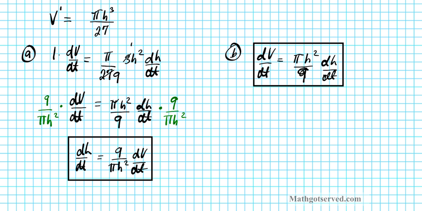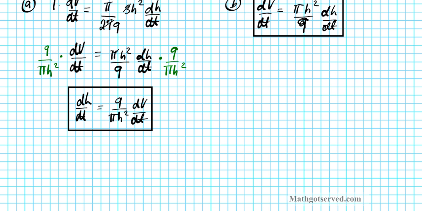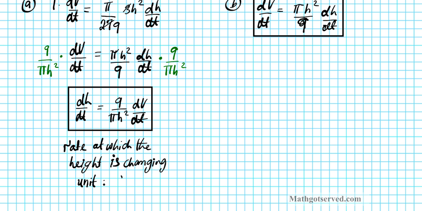What is dh/dt? The dh/dt is the rate at which the height is changing as that pit is getting filled. And what's the unit for dh/dt? Height is centimeters, t is in seconds, so the unit is going to be centimeters per second.